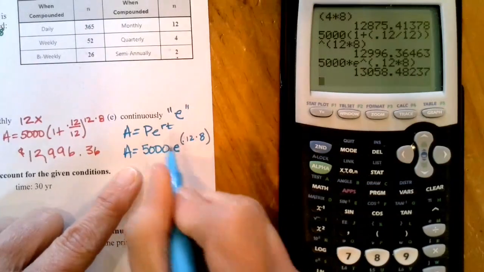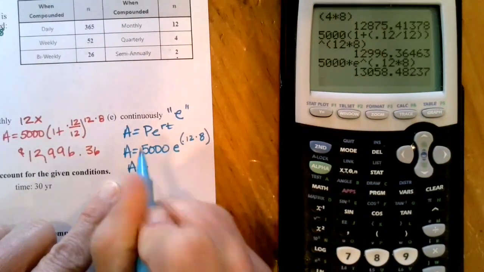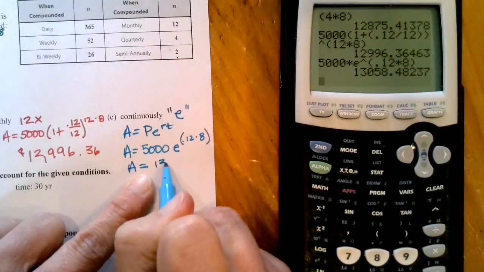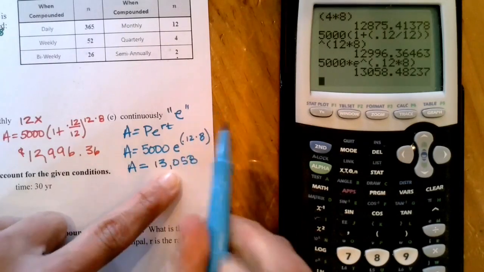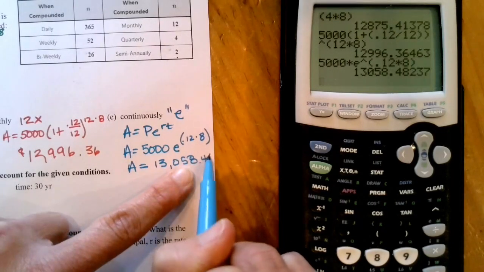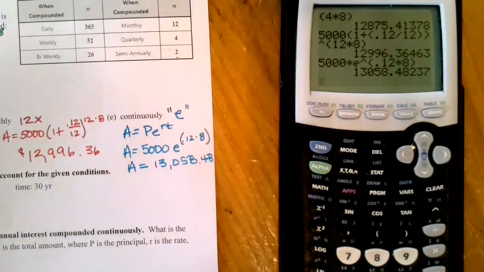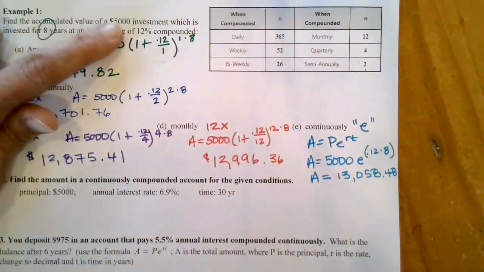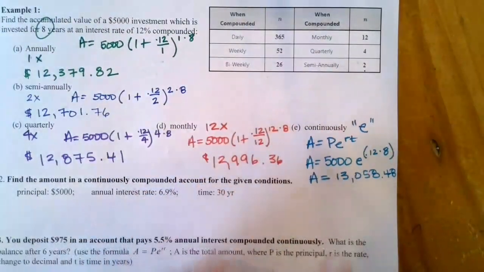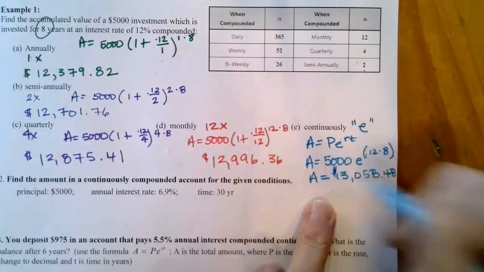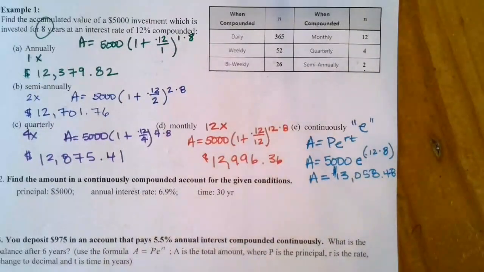This is the maximum I'm going to get. My amount is equal to $13,058.48. So notice that $5,000 investment, the more and more frequently I do the math, I end up with more money each time.